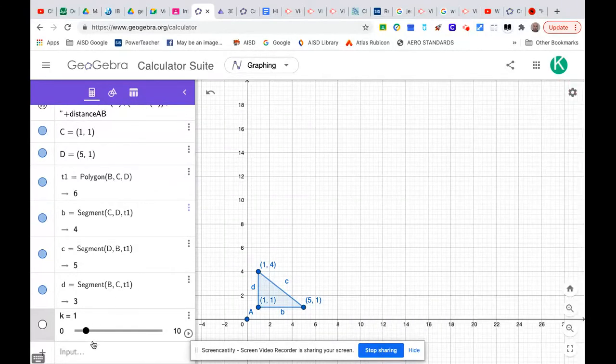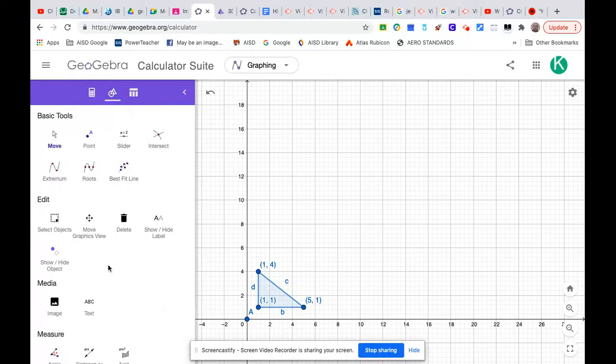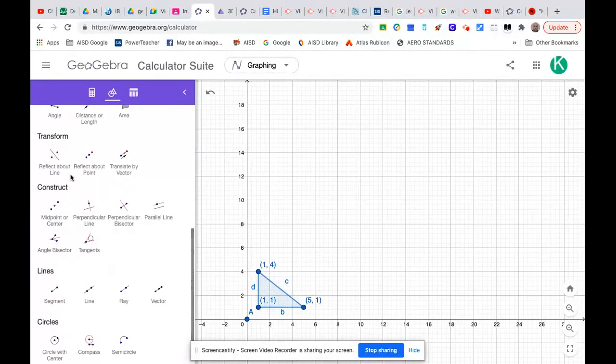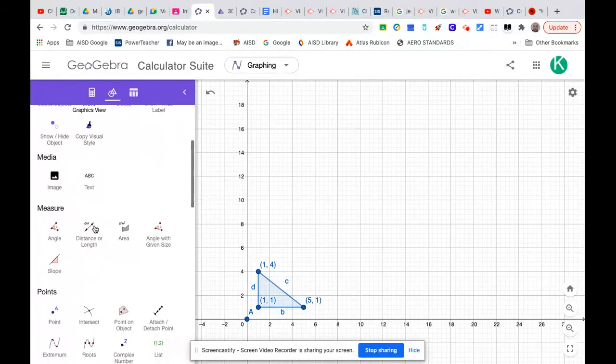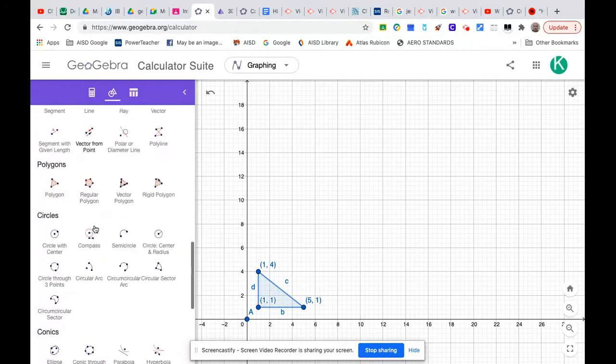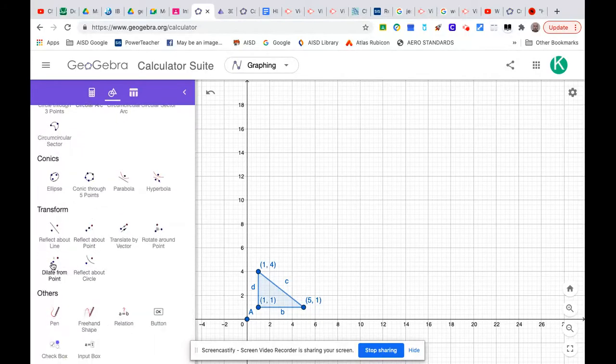Okay, the next thing I want to do is dilate this entire polygon by any factor I want. So let's go back to the circle triangle, go back to transformations, and we need some more, so let's go back to more. Let's see, transformations. We want to dilate.